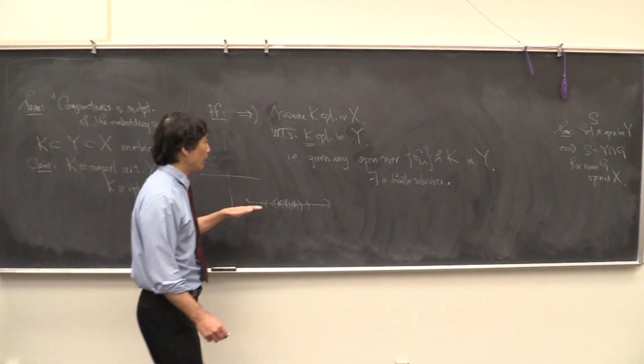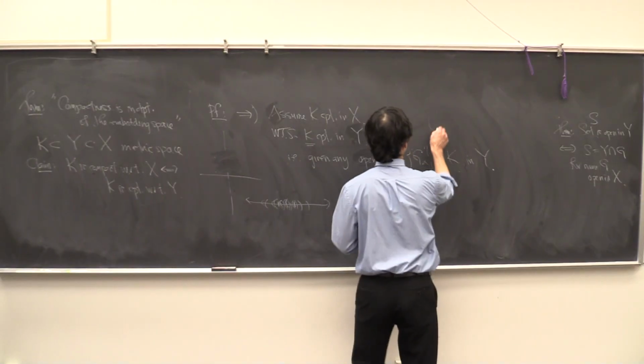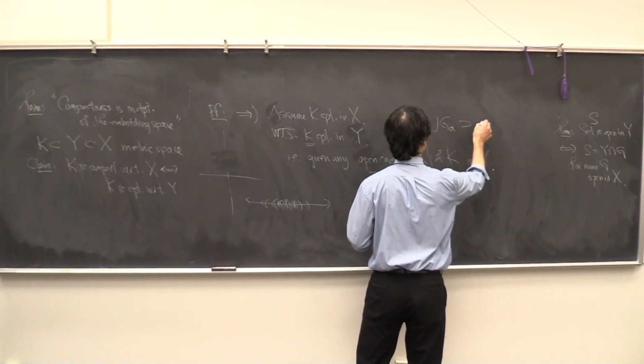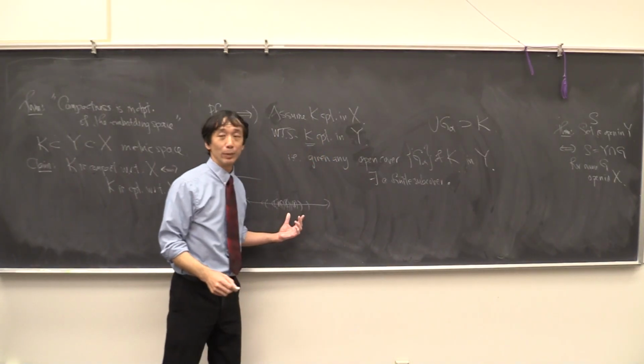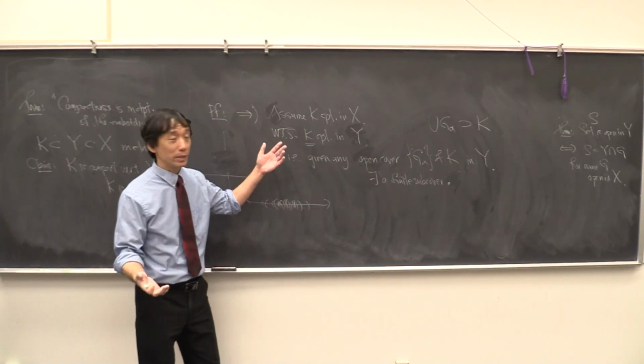Okay, so right now we've got this open cover. These sets cover K, and each of them is open in Y, and we're going to pass each of them upwards.